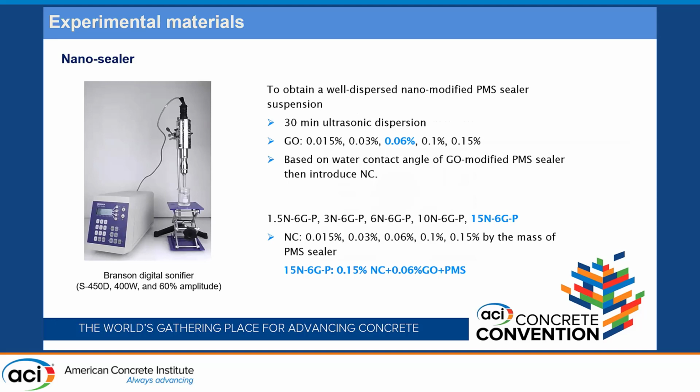We choose the best one, and then we introduce nanoclay. And the number here means the dosage of different nanomaterials. For example, the 50N and the 6GP means the PMS sealer contains 0.50% nanoclay and 0.06% graphene oxide.